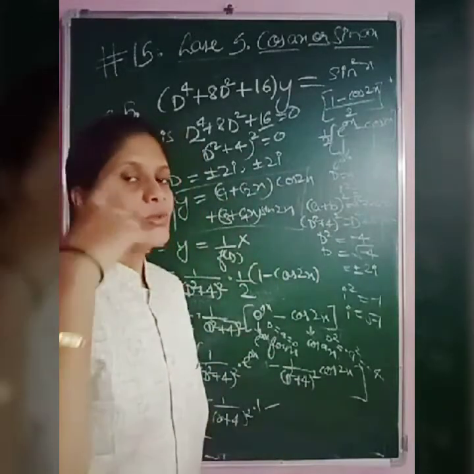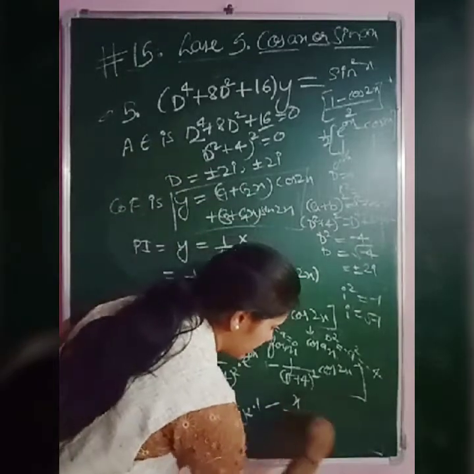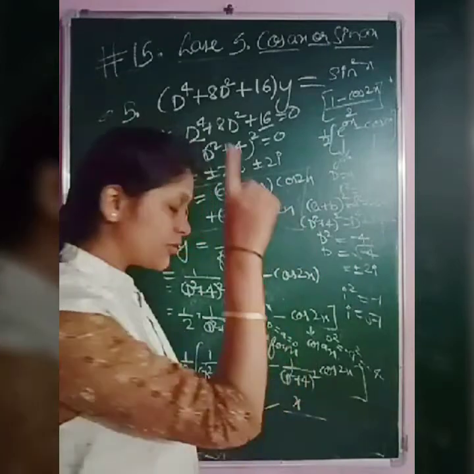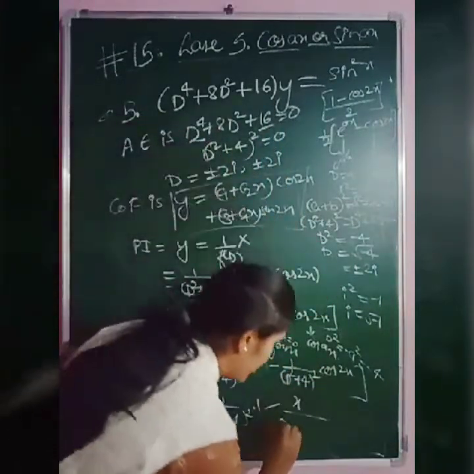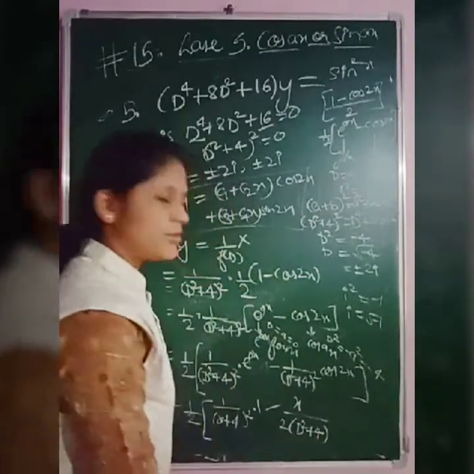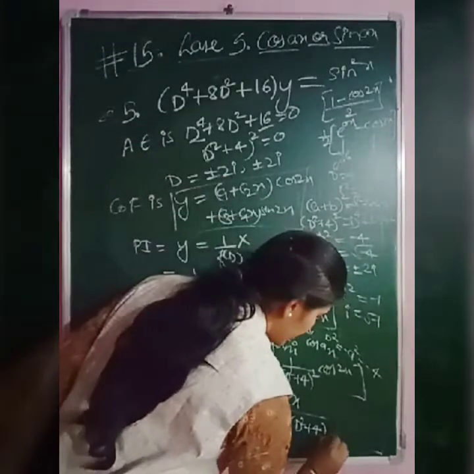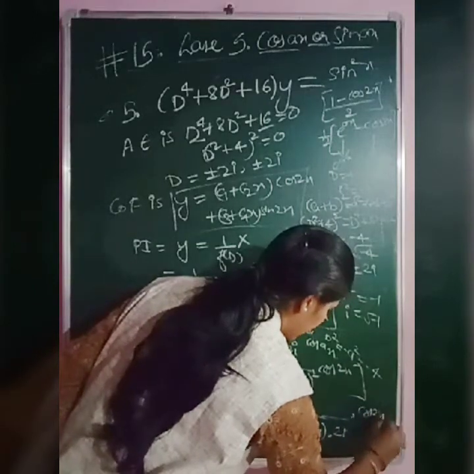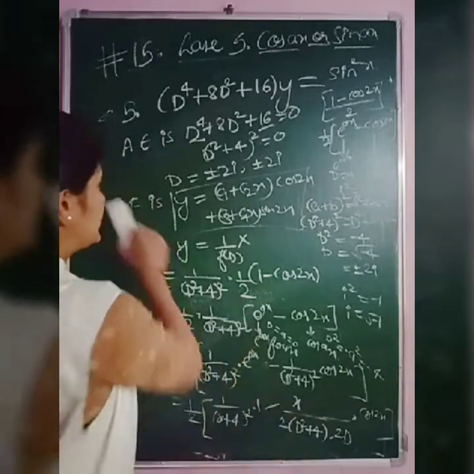A 0. So use the special case note: multiply by x, differentiate the denominator. What is the differentiation of (D square plus 4) whole square? x raised to n, and x raised to n minus 1: 2(D square plus 4) raised to 2 minus 1 is 1. Again the differentiation of D square is 2D. Right? cos 2x as it is. Right? So now let us solve this.